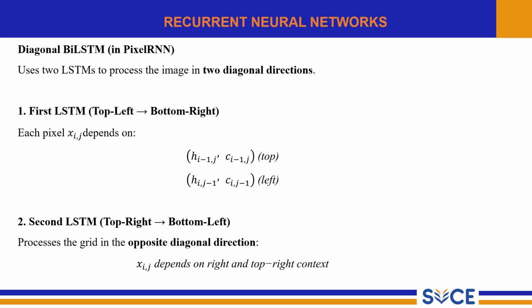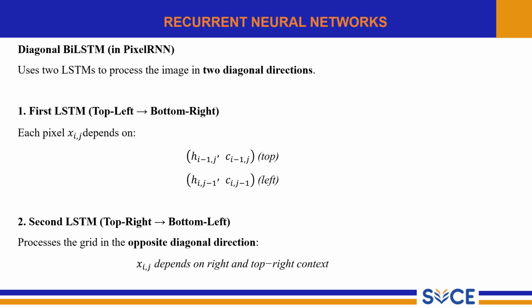So why do these two directions matter? By combining both diagonal directions, the model gains a complete spatial understanding of the image. The first LSTM captures structure from top left to bottom right. The second LSTM captures structure from top right to bottom left. Together they ensure that each pixel is influenced by a rich set of surrounding pixels, improving image coherence and quality.